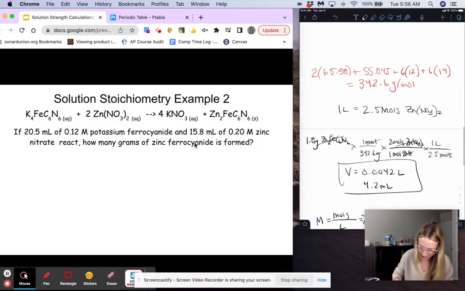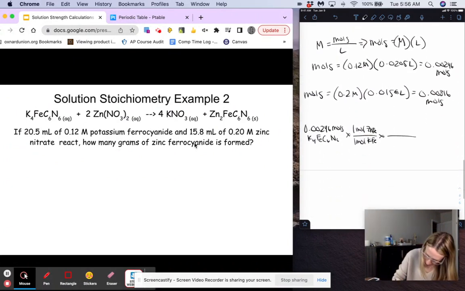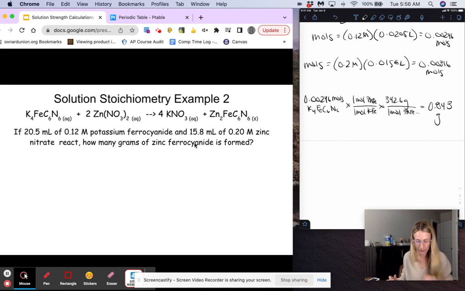Remember our molar mass was this one right here, 342.6 grams. So 1 mole of that zinc ferrocyanide is 342.6 grams. And so I have on the top 0.00246 times 342.6, and that's it, right? Because on the bottom I'm just dividing by 1 times 1. So I get 0.843-ish grams produced from that potassium ferrocyanide.